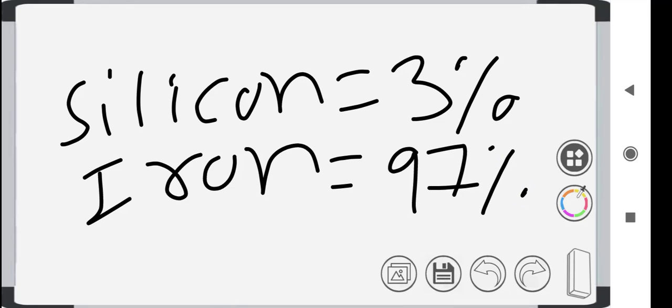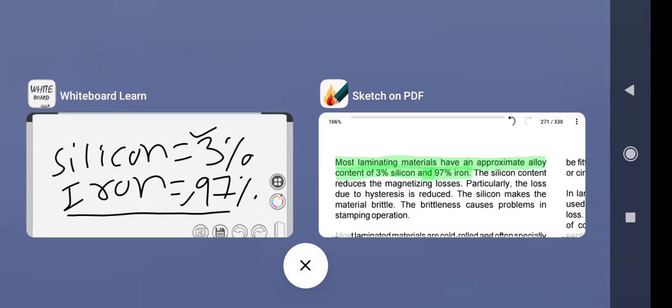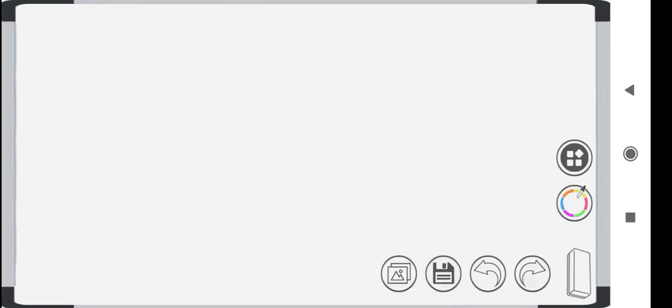This point will come in the exam. Next, see, the silicon content reduces the magnetizing losses, particularly the loss due to hysteresis is reduced. This is very important. In the exam the question will ask what is the function of silicon content.